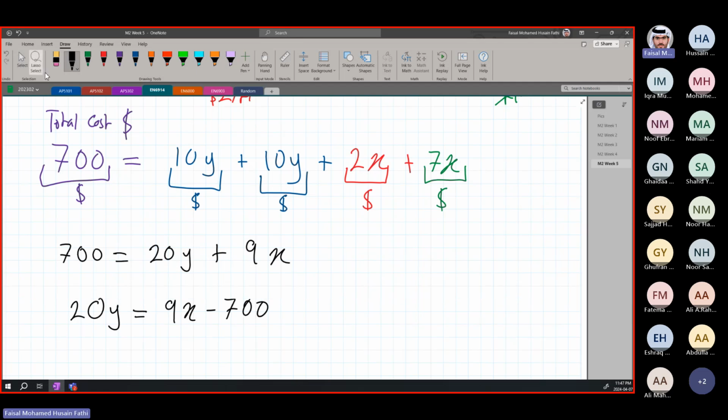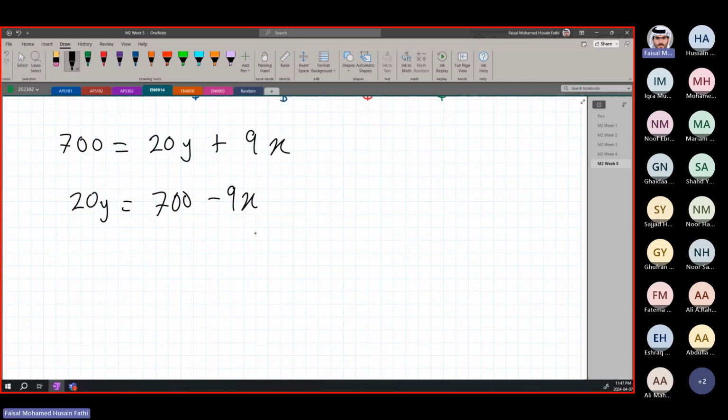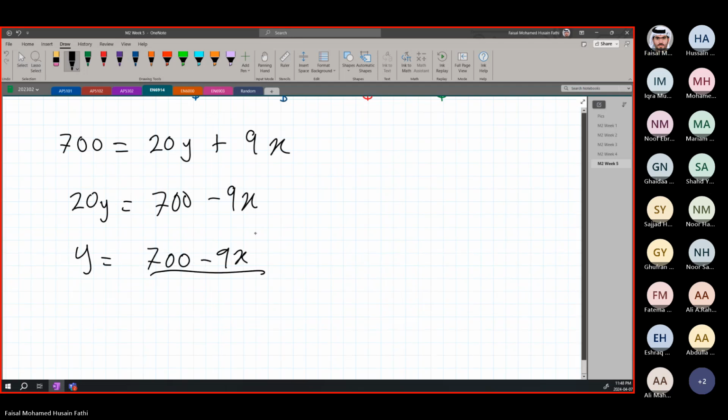20y is going to be equal to 700 minus 9x. زين. ف y is going to be equal to 700 minus 9x divided by 20. Yeah, and that's it.